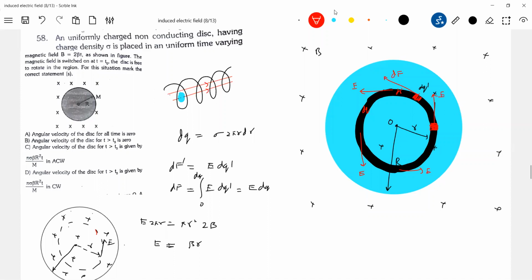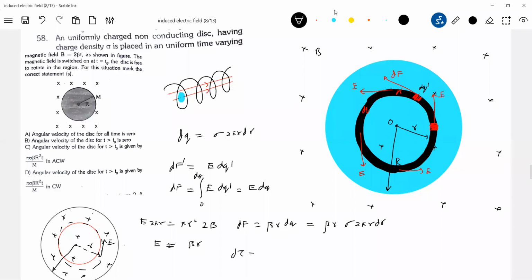Recollect this one, take help of this. This is the path length. So in place of E, I'll write df equal to beta r into dq. dq is sigma 2 pi r dr. So what is the torque?